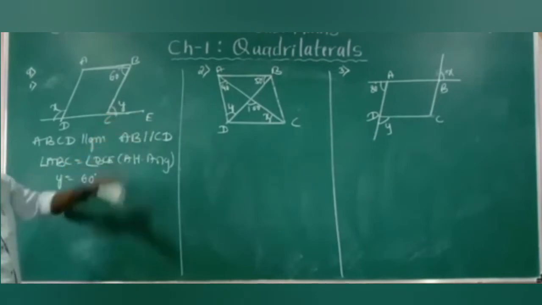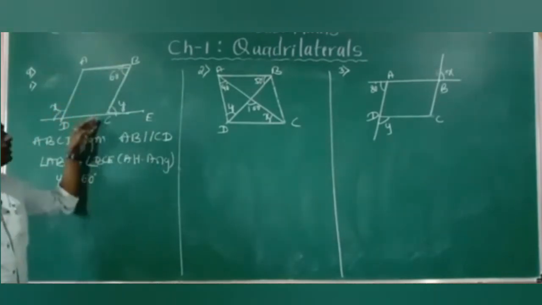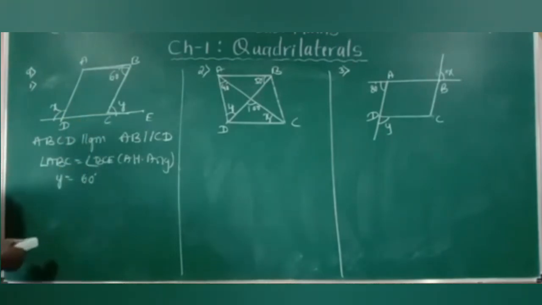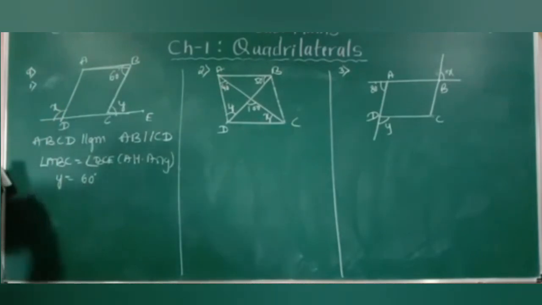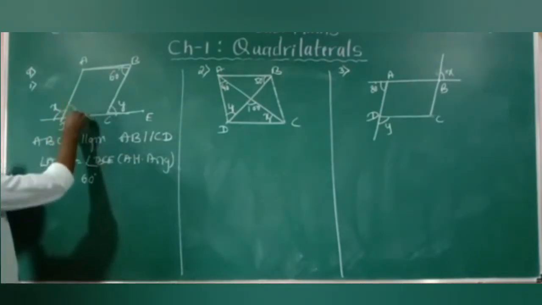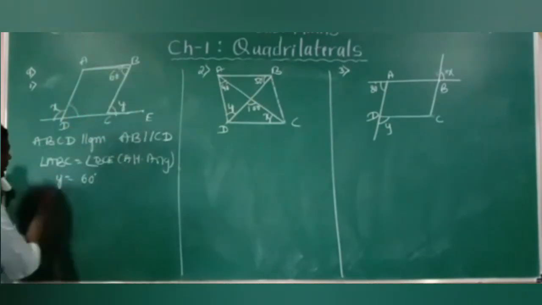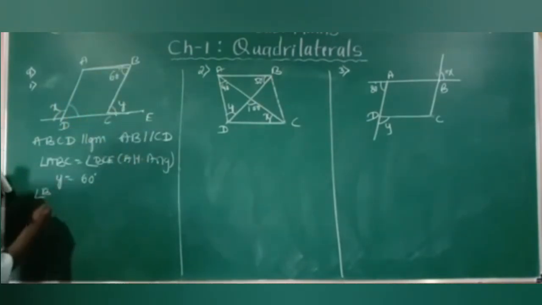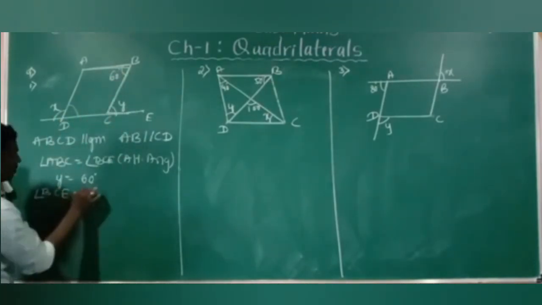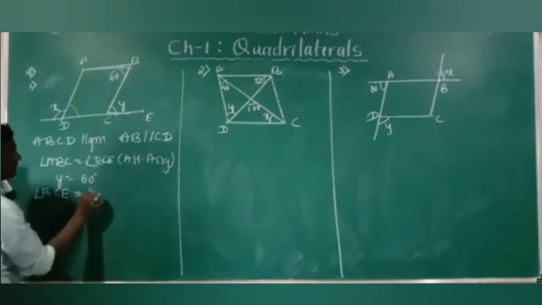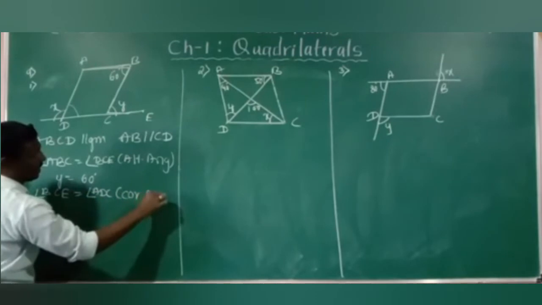If y is equal to 60, then here AD and BC are the two parallel lines. So it will form corresponding angles also. Therefore angle BCE is equal to angle ADC, corresponding angles.